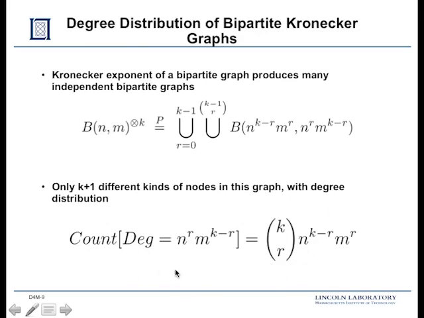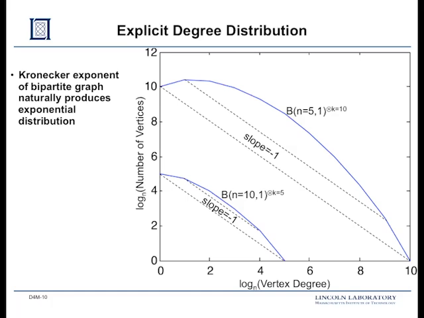A very useful thing, you can do that a priori. This shows you the results. If I have a Kronecker product of a bipartite graph B(5,1) and I take it out to the 10th power, this is the result, this blue line.